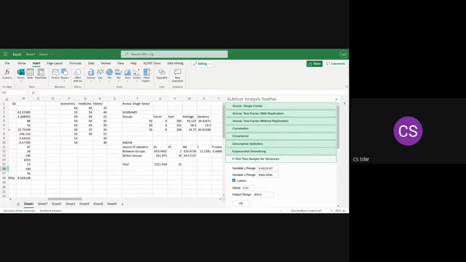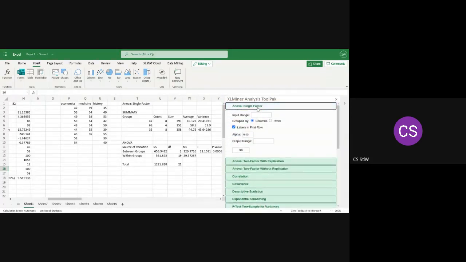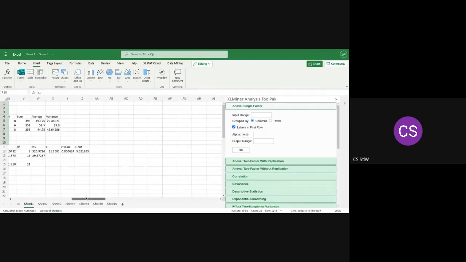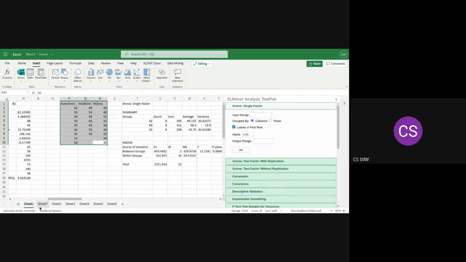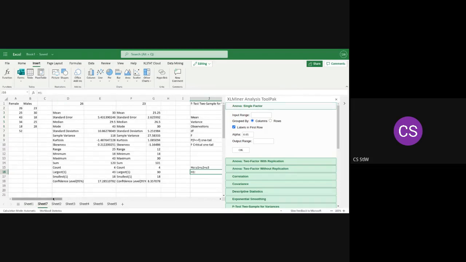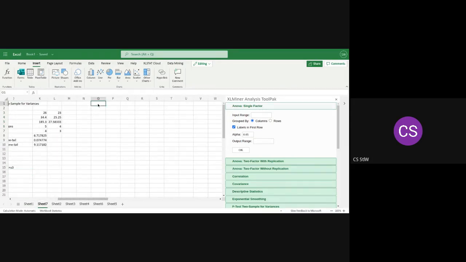So with that, click on ANOVA single factor. I can easily just copy and paste this data set to a clean sheet. There it is. So we are going to pick our input range.